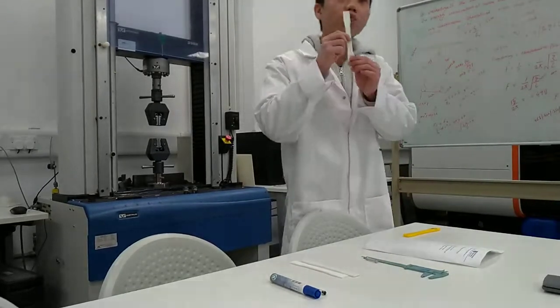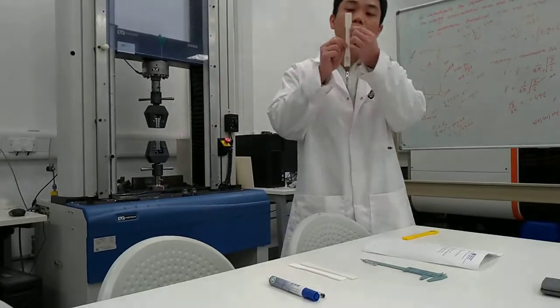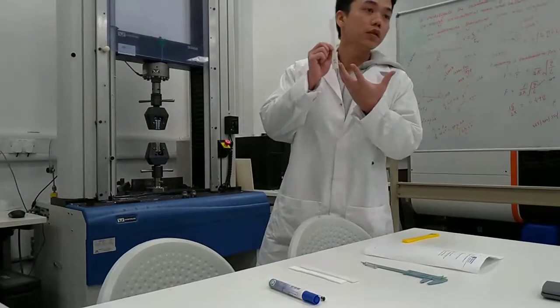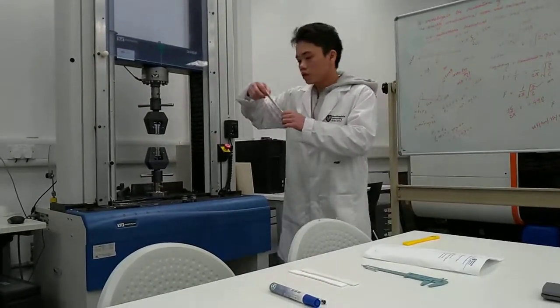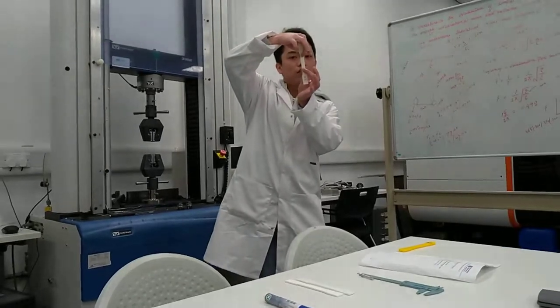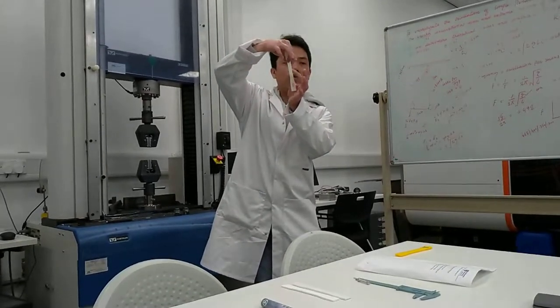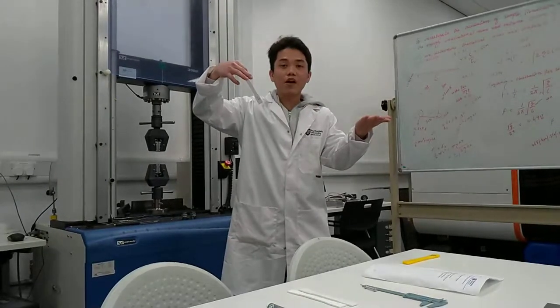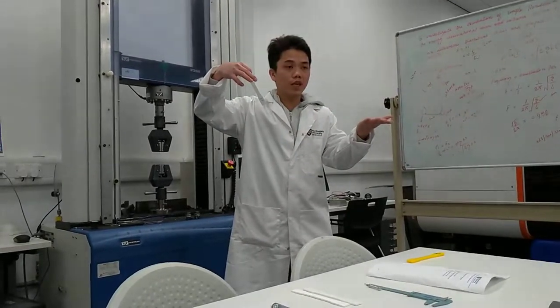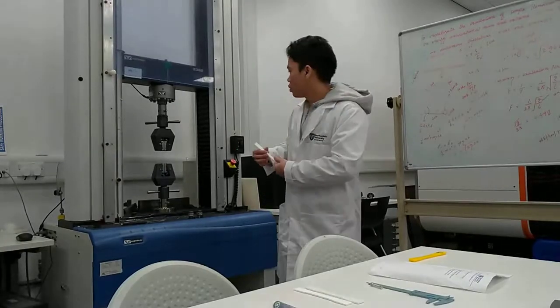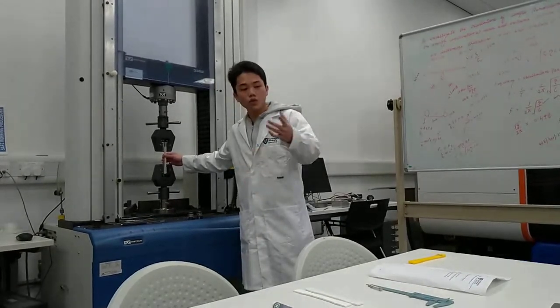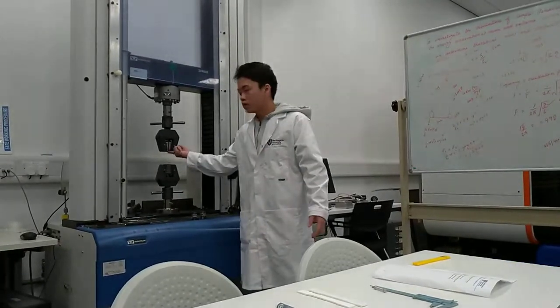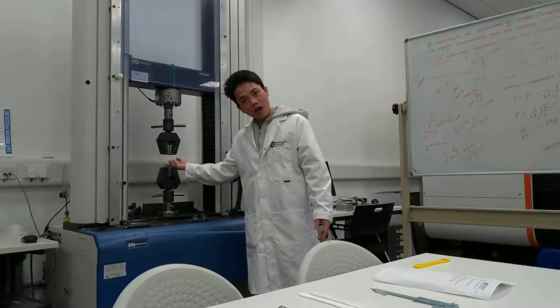But for this specimen, it depends on what position you mount, you clamp it. Some people clamp from here. Some people change the length in this area. So we don't have an average value at the beginning, but you only know when you clamp it on the machine, and then you use your caliper to measure the distance between two heads.